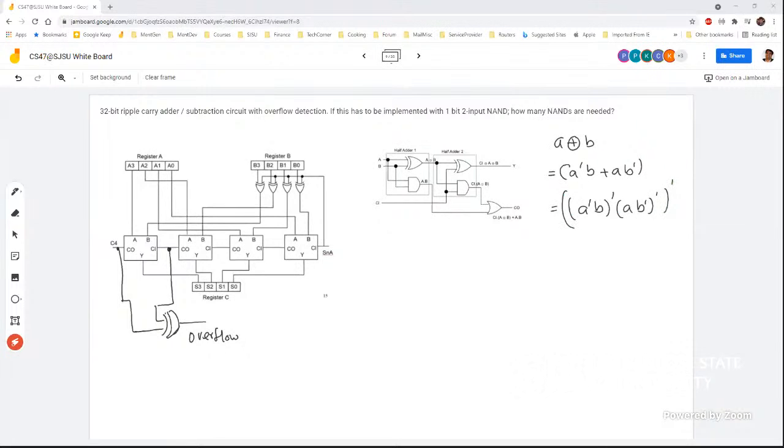So that means we have to have one NAND for this inversion. So that means 2 NAND, and this whole thing is another NAND. So 4, and this overall thing is another NAND. This is 5. So 1, 2, 3, 4, 5. Right? So this way we can construct it.